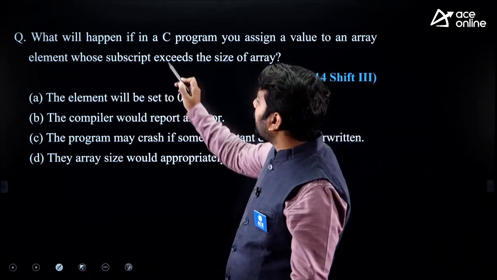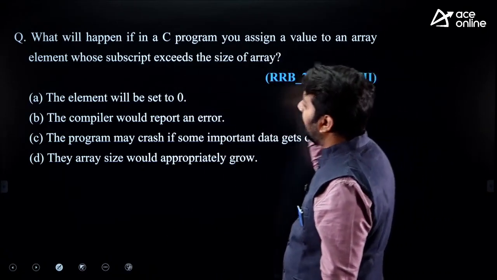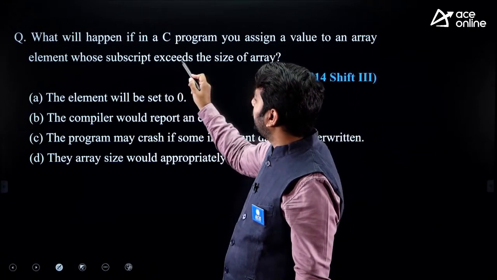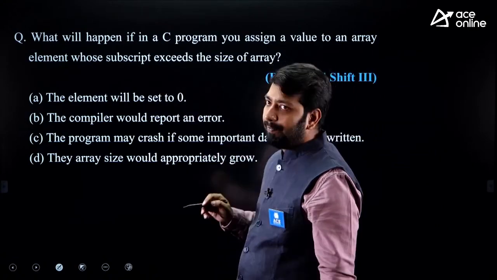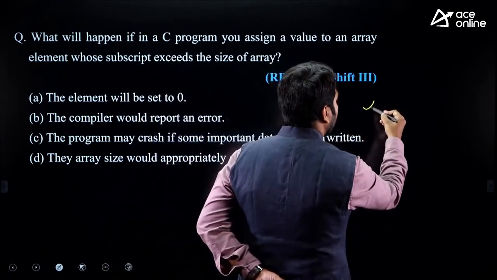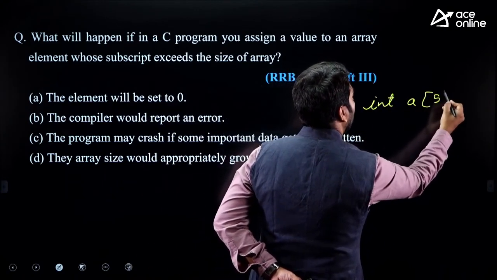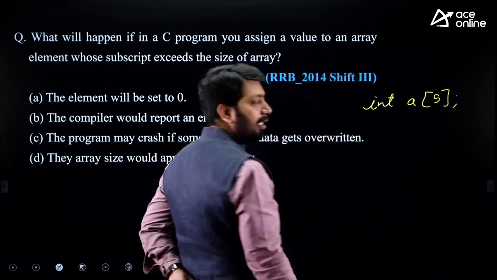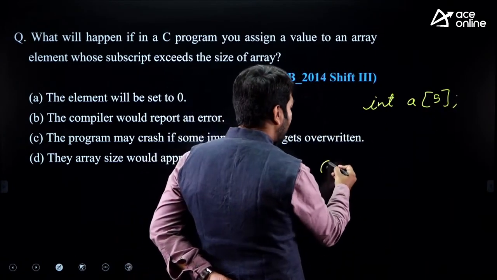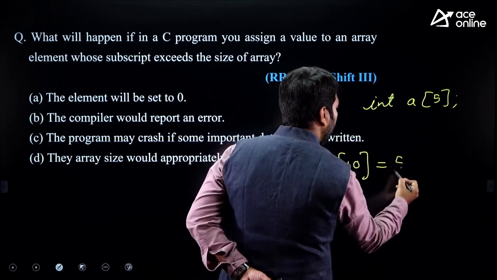Fine. What will happen if in a C program you assign a value to an array element whose subscript exceeds the size of the array? That means suppose you are declaring array int a[5]. Fine. You have declared int a[5] and then you are writing a[10] = 50.